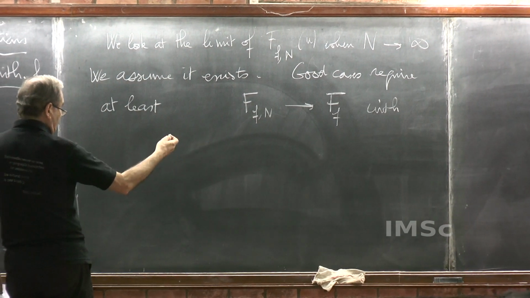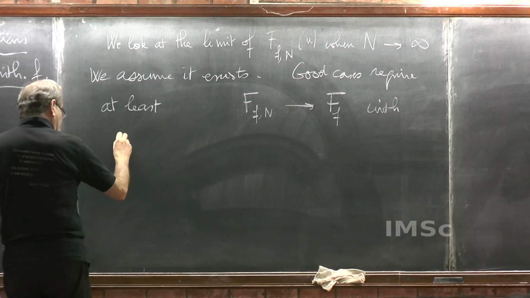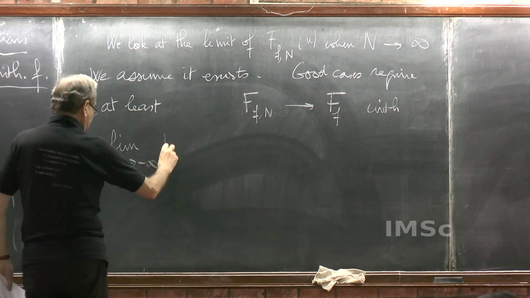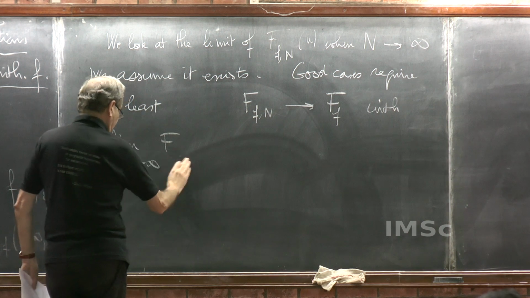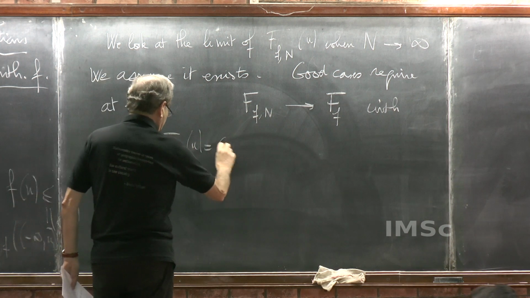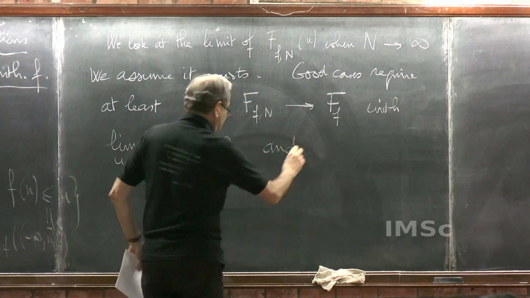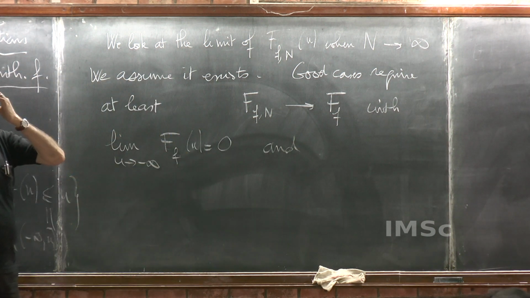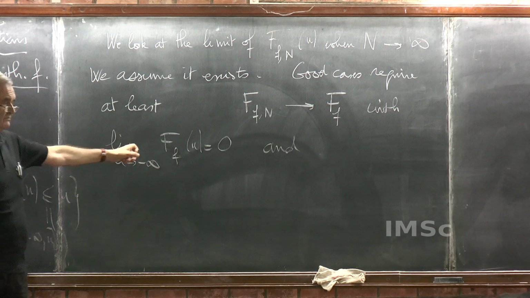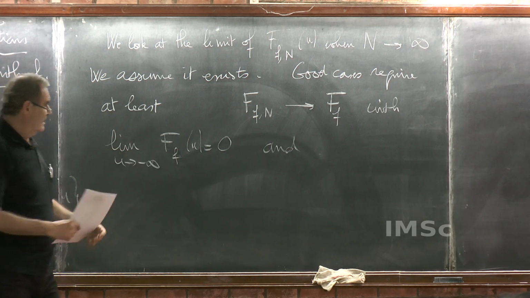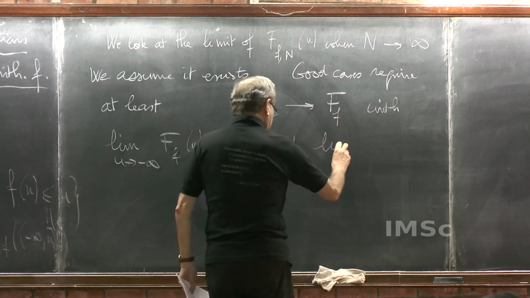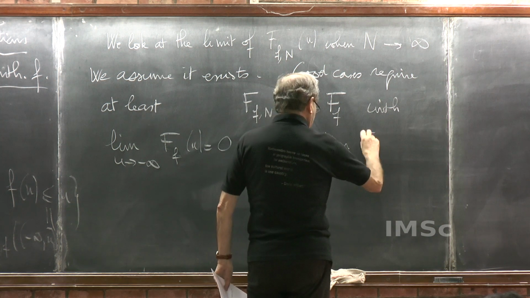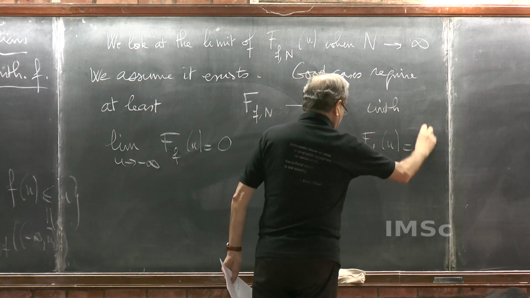And what we ask for is that the limit when u is tending to minus infinity of F of u is equal to 0, and you don't want too many elements which are tending to minus infinity. You see, if everybody is tending to minus infinity, this limit will be 1. And the limit when u is tending to plus infinity of F of u is equal to 1.